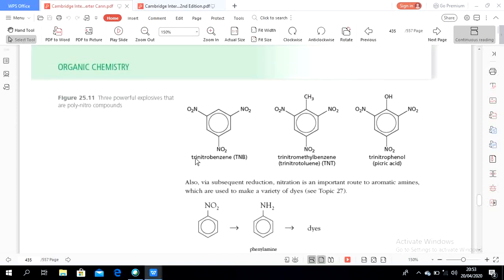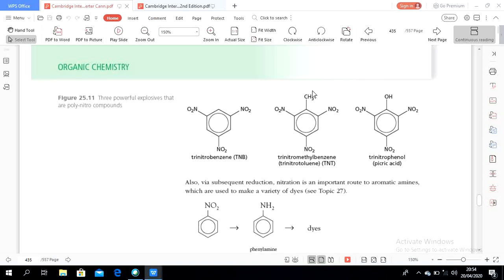Now, there are 3 types of nitro compounds. This one is trinitrobenzene, and this one is trinitromethylbenzene. I guess you still remember this one, trinitromethylbenzene. Why nitro and then methyl and then benzene?